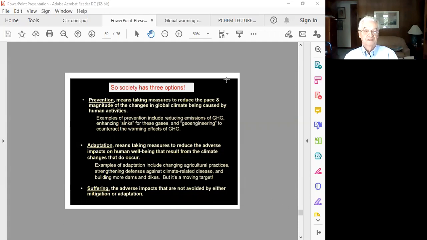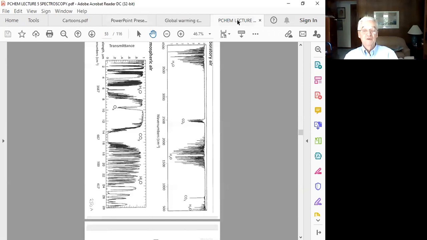Another chat comment. Someone says most of the world has picked suffering, and that's how this has become a political issue. So, if nothing else out of this lecture, remember this slide and remember my pictures of the melting glaciers.